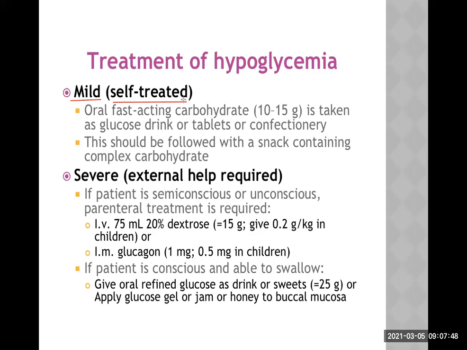Probably this is the only situation in a diabetic case where they can take some sweet thing, like a glucose drink, a good cup of tea with plenty of sugar, some sweet tablets, or confectionery like chocolate or candies. This is known as self-treatment of hypoglycemia in diabetes.